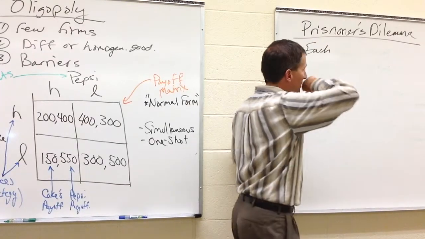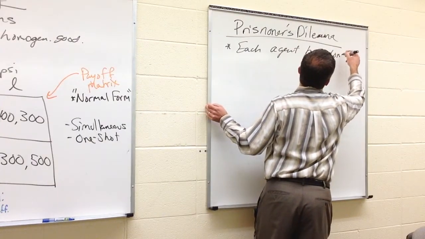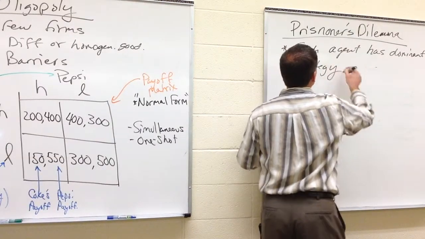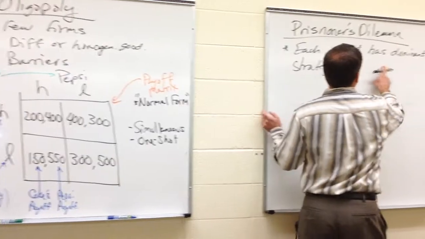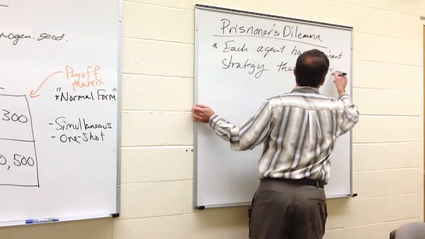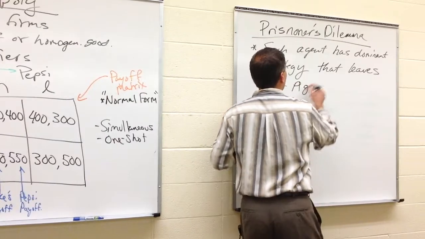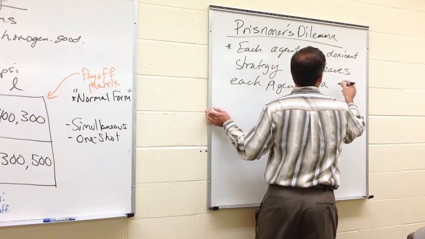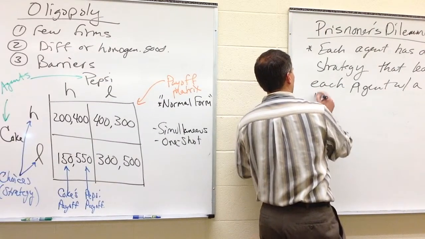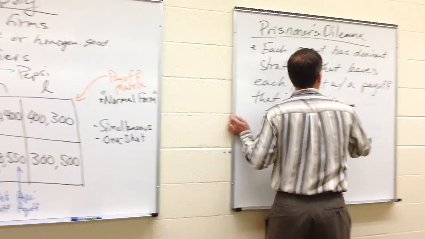With the prisoner's dilemma, each agent has a dominant strategy that leaves each player, or each agent, with a payoff that is not optimal.